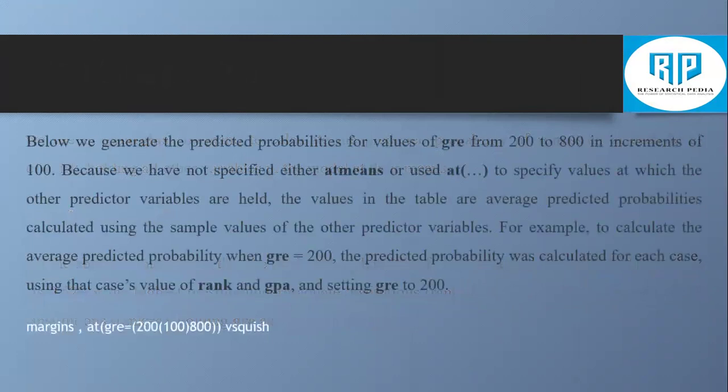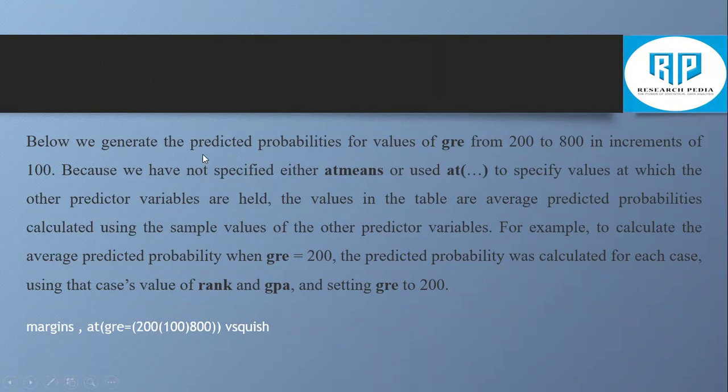The next thing is if we make some conditional estimates on the basis of some results, like if we consider GRE on the basis of their score, we can also predict it.